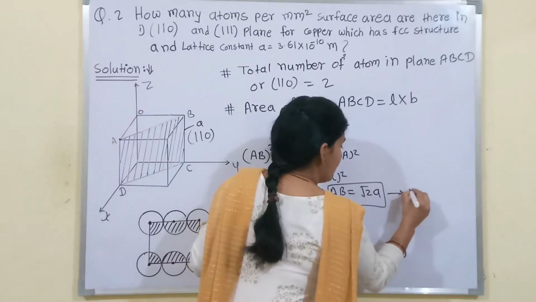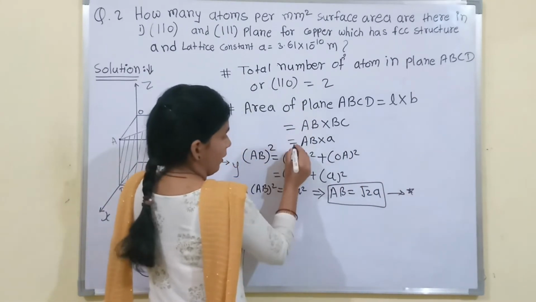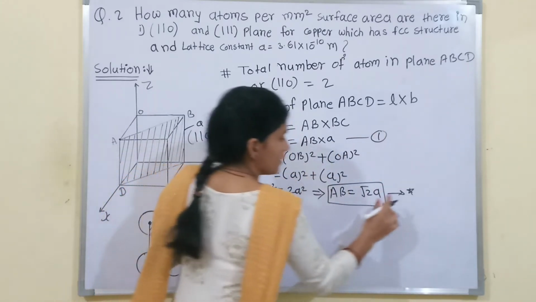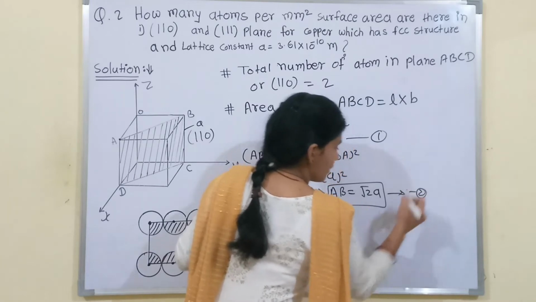If we put this value in the above area of plane equation, we can number the equations. This is equation number 1 and this is equation number 2.